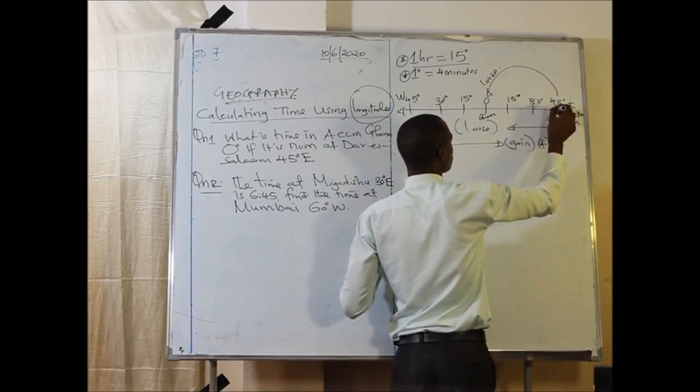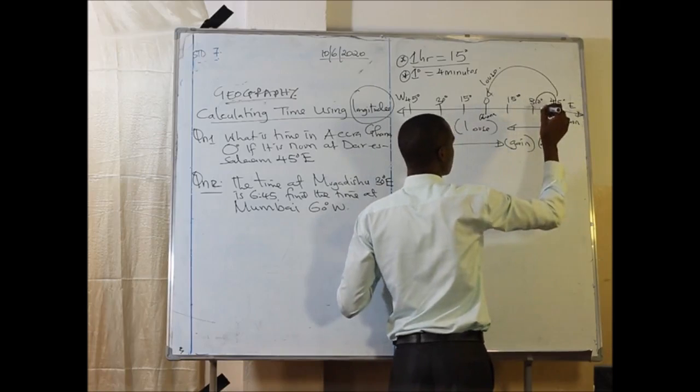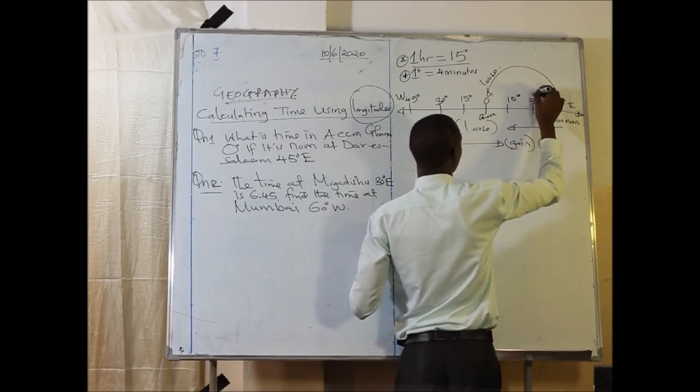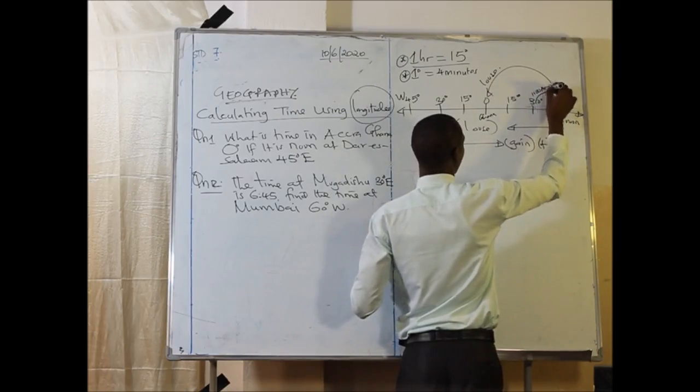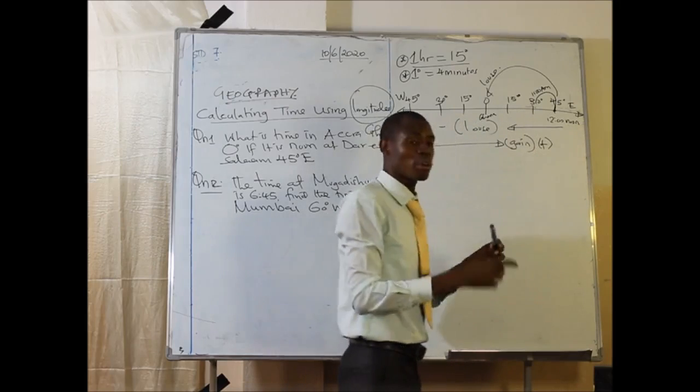When we move 1 hour here, or 15 degrees, it becomes 11:00 a.m., because here it was noon, then you move 1 hour back. You lose 1 hour.